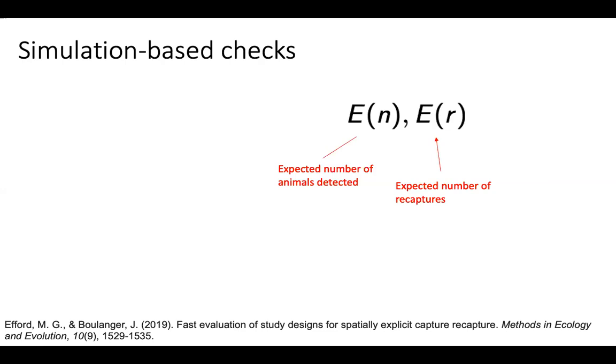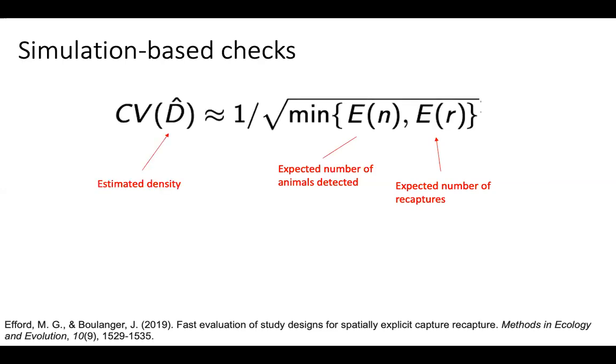And that's the whole point for doing this, the whole reason for doing the survey. But we can make some initial guesses, and so using these initial guesses, get some idea of the kinds of numbers of animals and recaptures that we're going to get. That'll allow us to rule out clearly bad designs. Of course, we might be wrong if our initial guesses are wrong, but it's the best that we can do.